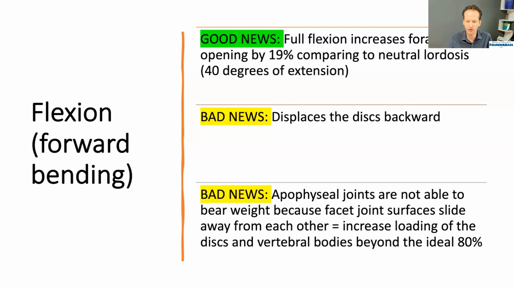Now, with forward bending, since the facet joints open, they don't transmit any more force, and therefore the entire loading can be pushed into the vertebral bodies and the discs. So for somebody with disc problems, flexion maybe needs to be done in a smart way.